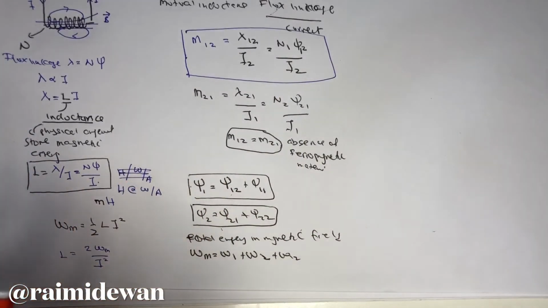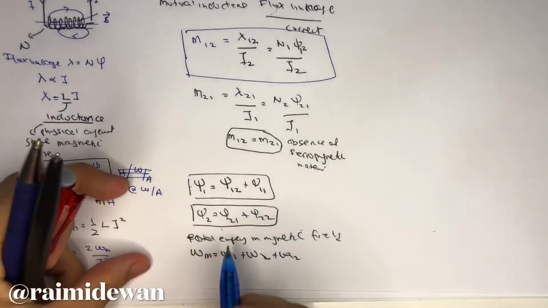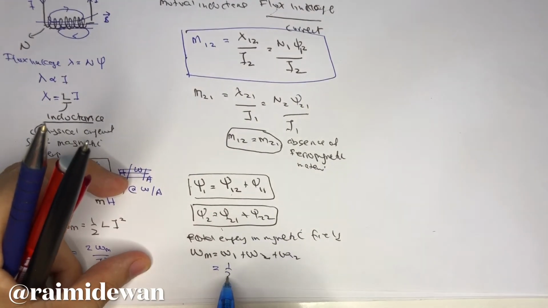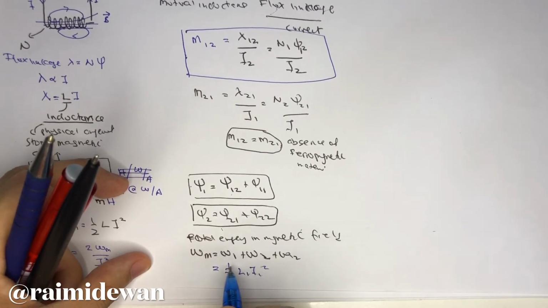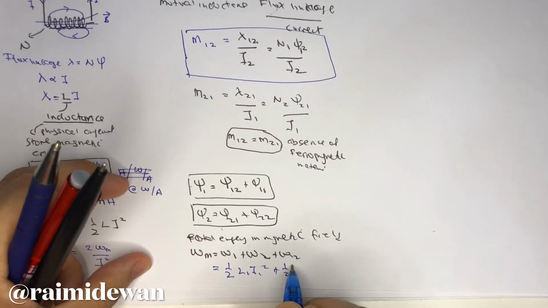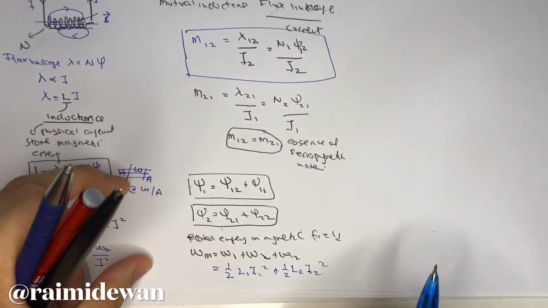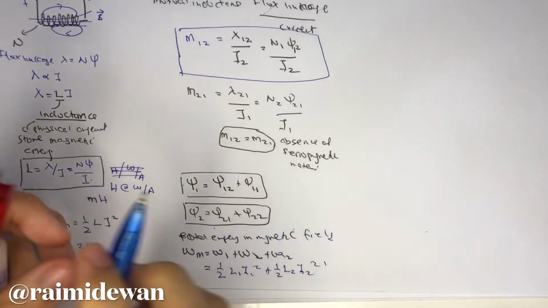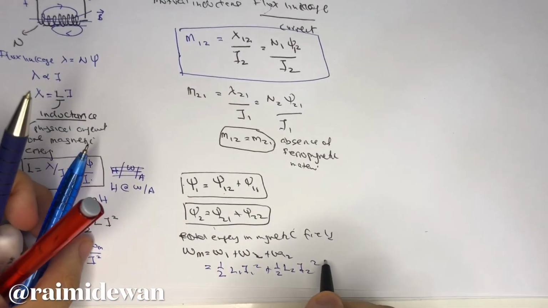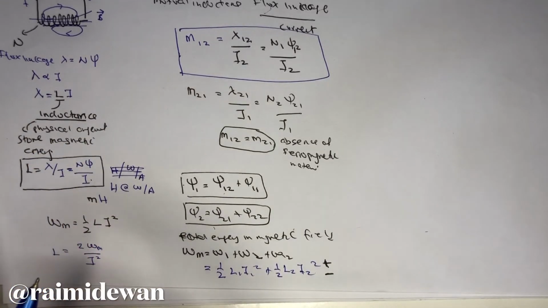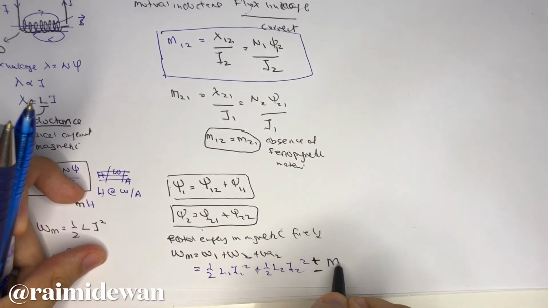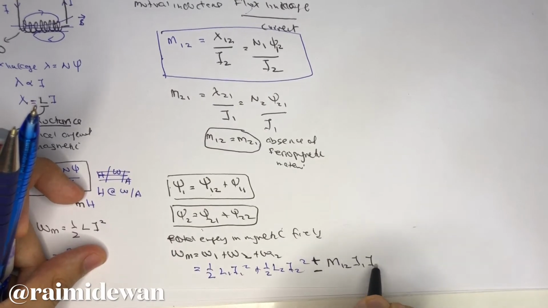I try to, okay, see the good color. So half of L1 I1 square in magnetic total energy in 1, okay, and then we have half of L2 I2 square and half plus minus of your mutual inductance I1 and I2, okay.